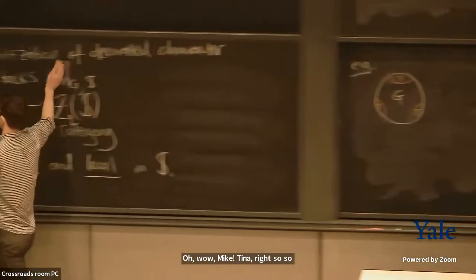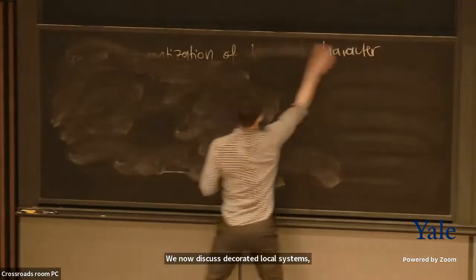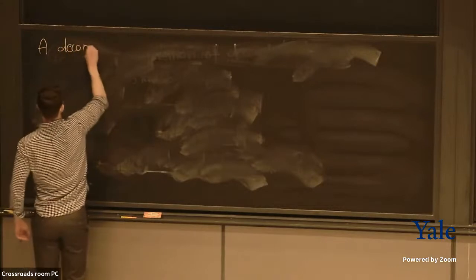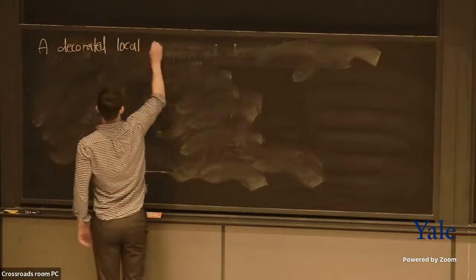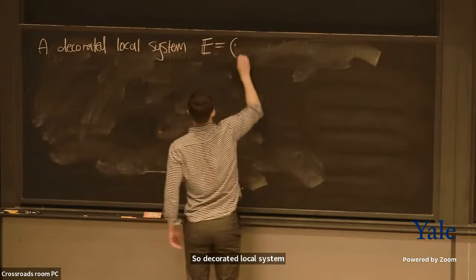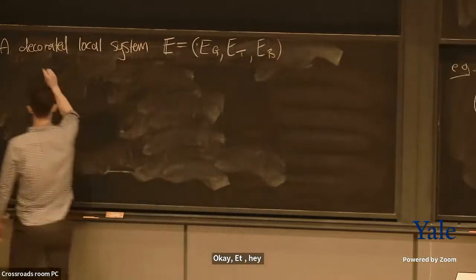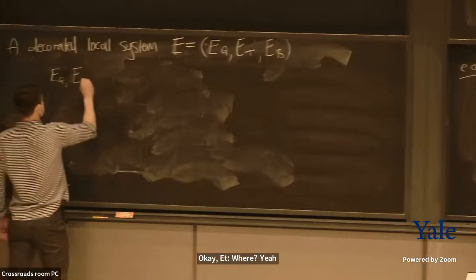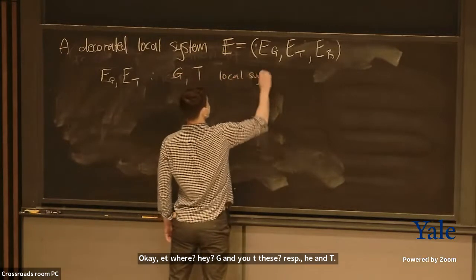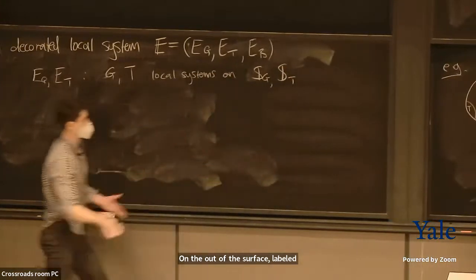We now discuss decorated local systems. So a decorated local system is really a triple of things: EG, ET, and EB, where EG and ET are respectively G and T local systems on the part of the surface labeled by G or T, respectively.